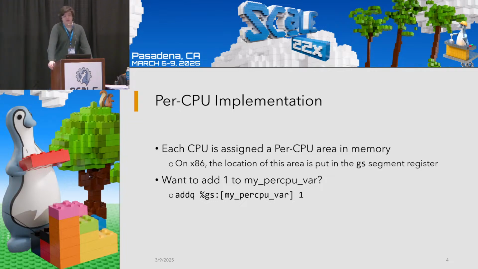And then all of our uses of per CPU variables are done relative to that GS segment register. So essentially, a per CPU variable is an offset into this per CPU area. If you have my per CPU var, specifically a statically allocated my per CPU var, you just take the address of that thing, use it relative to the GS segment register, and do whatever you want with it. So in this case, add 1.